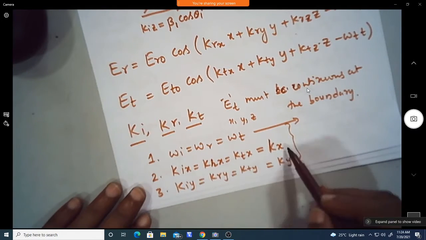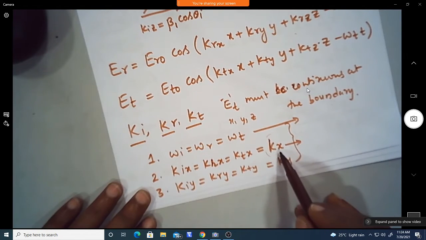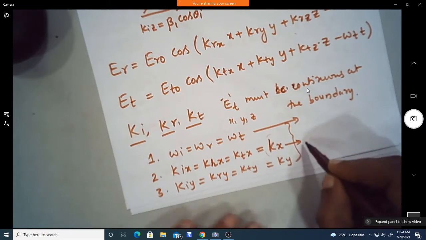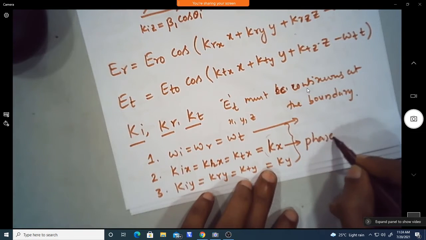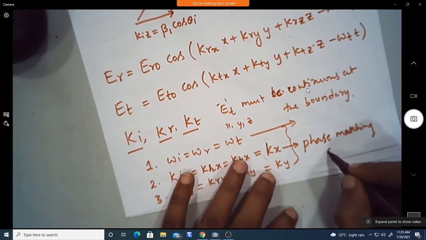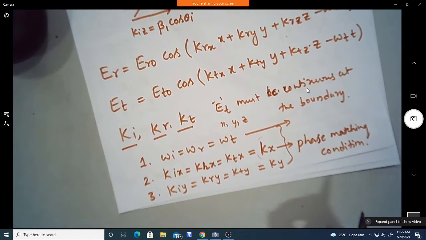If they are continuous, then all should be equivalent to one particular component, that is kx. Okay, so this condition we will call the phase matching conditions.